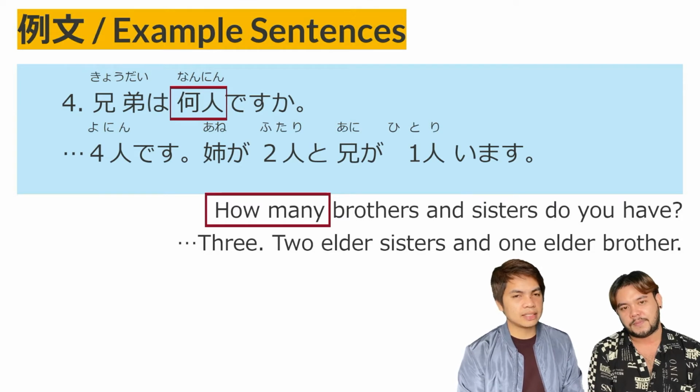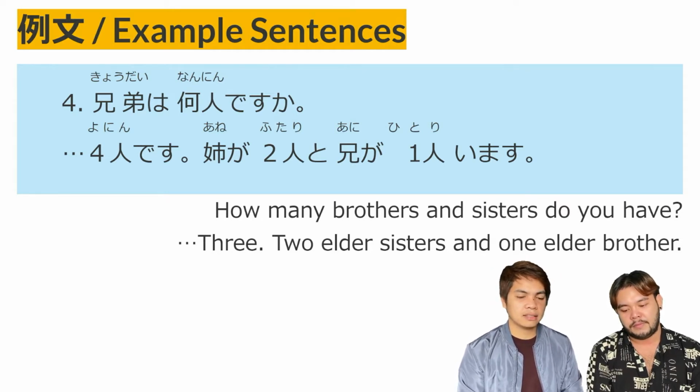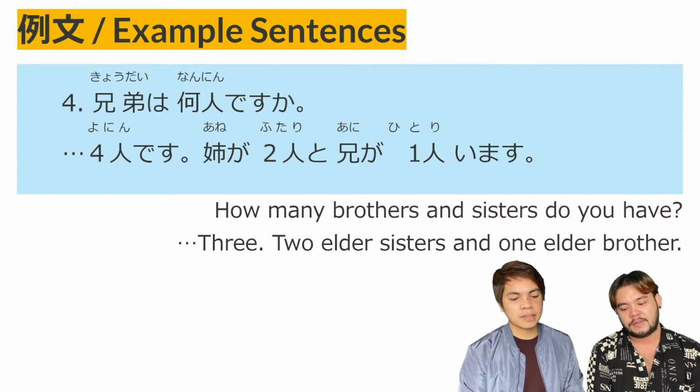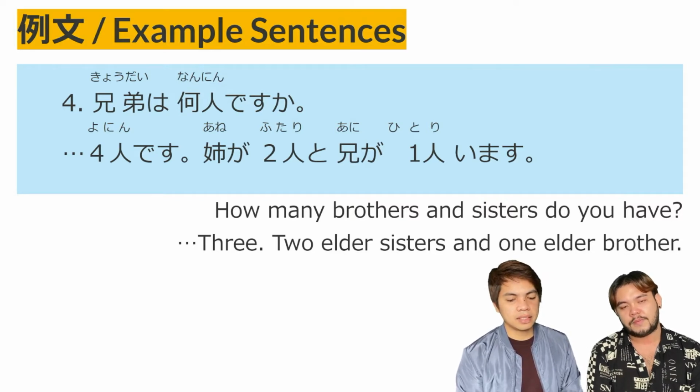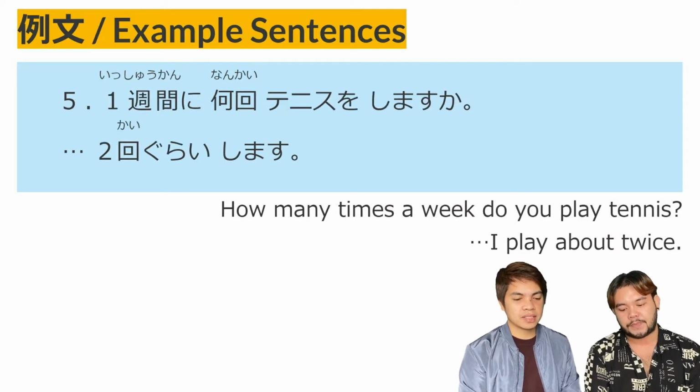Then yonin desu, there are 4. Ane ga futari, ane means older sister, and particle to, and ani is older brother, ga hitori imasu.